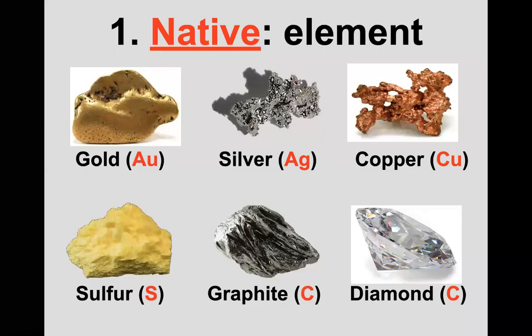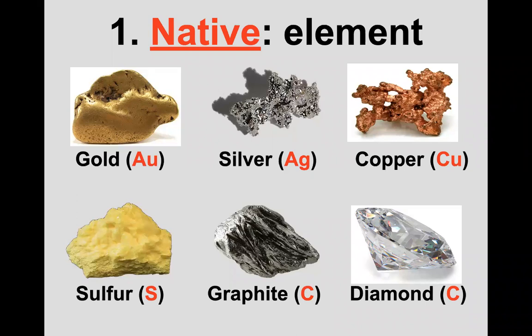All right, so the first mineral family is the native family, or native element family. It's only made of one element. Its composition is just one element, so these are pure substances. When found in nature, they're almost always found by themselves, in pure form.